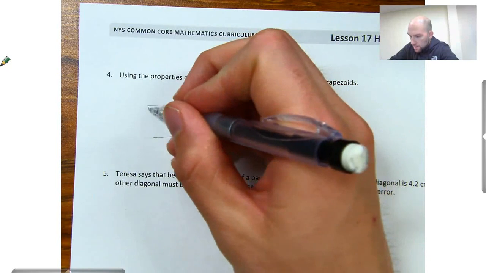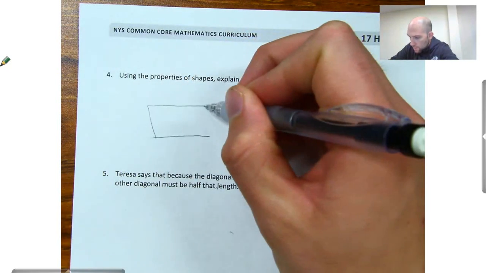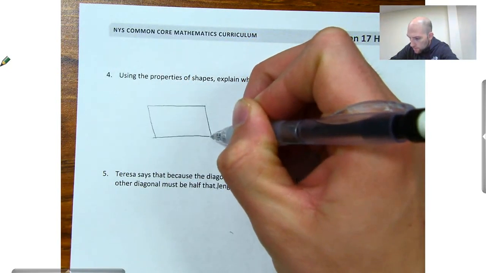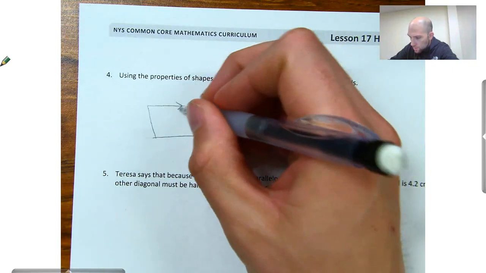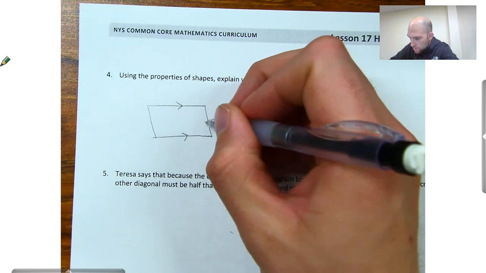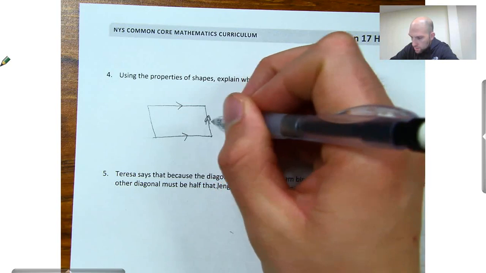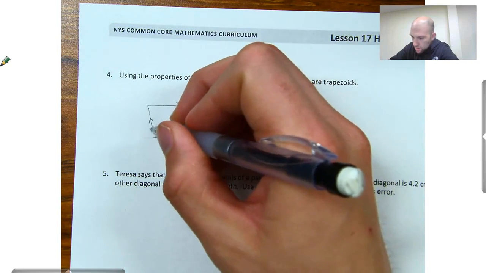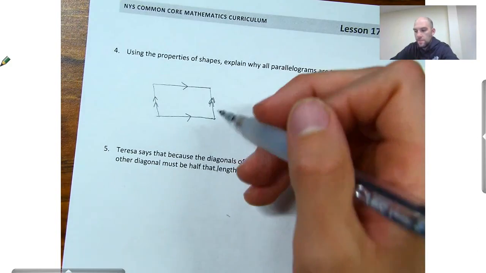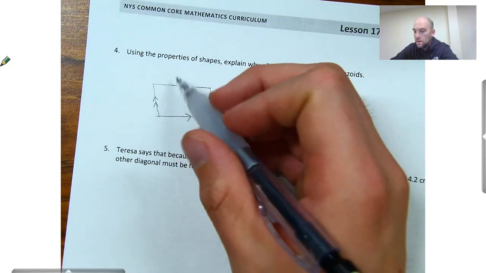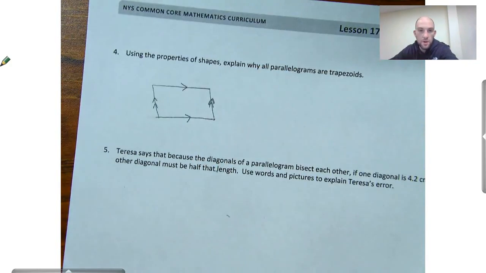So we have 1 pair, 2 pairs. These 2 sides are parallel, and these 2 sides are parallel, and that's a parallelogram.